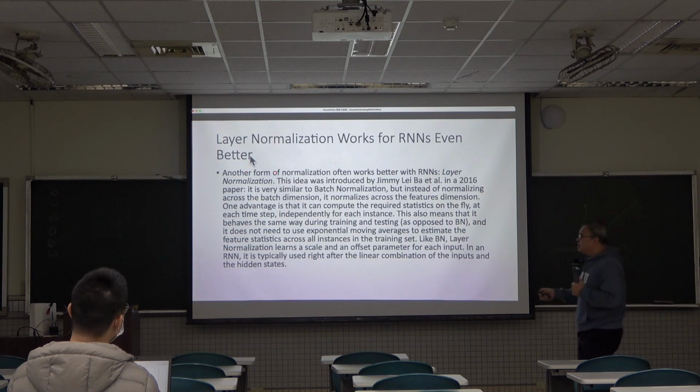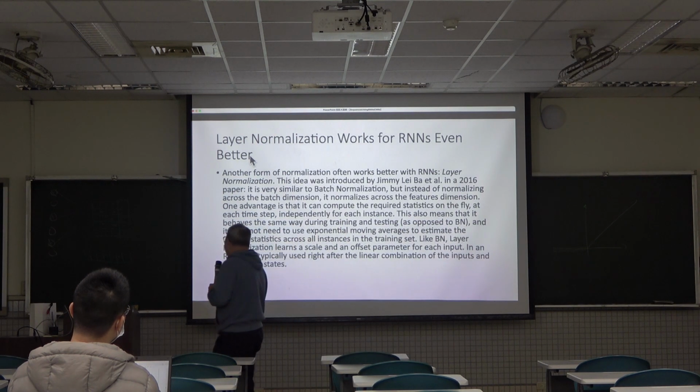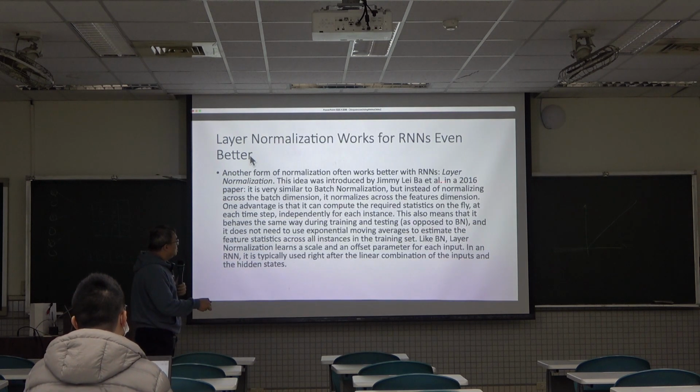There's a concept called layer normalization, which was proposed in a 2016 paper. This concept is similar to batch normalization, but instead of normalizing across the batch dimension, it normalizes across the feature dimension.